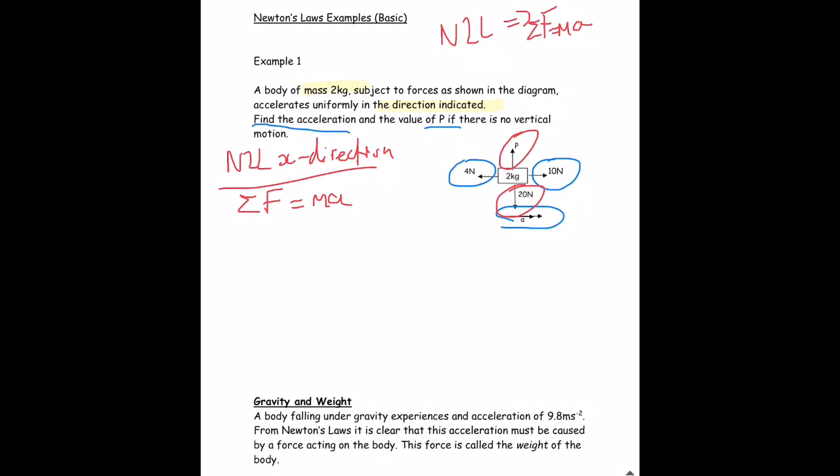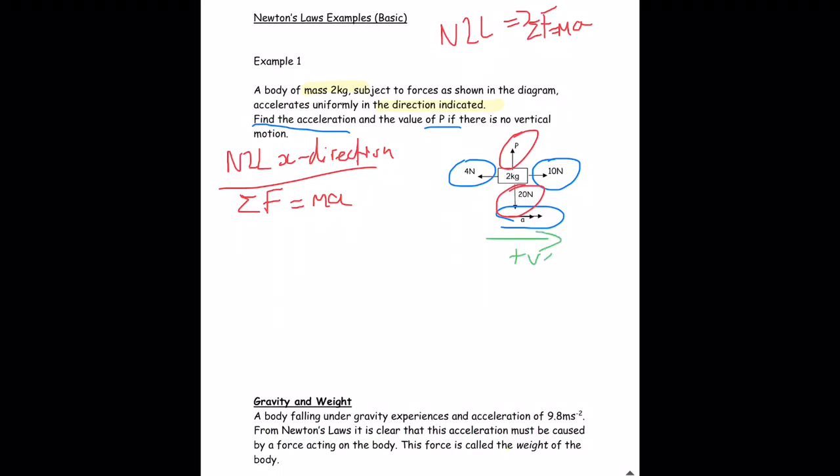The important thing to note here is that, okay, obviously we've kind of got 6 newtons more to the right, but you should always define a positive direction. And it doesn't matter which direction you choose as positive, to the right or to the left, it doesn't matter. I would always, however, strongly suggest going in the direction of the acceleration.